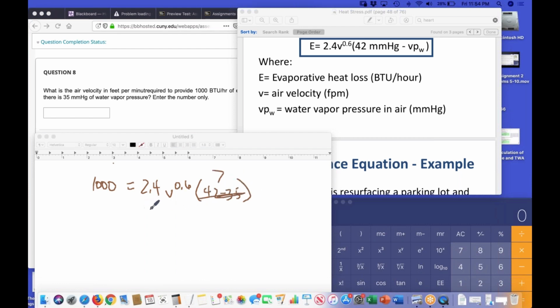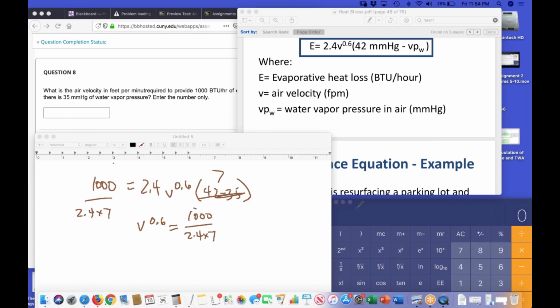We can multiply both sides by 7 times 2.4. So V to the 0.6 power is equal to 1,000 divided by 2.4 times 7.